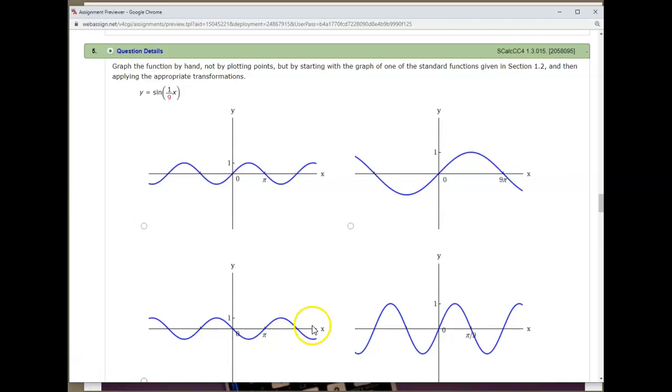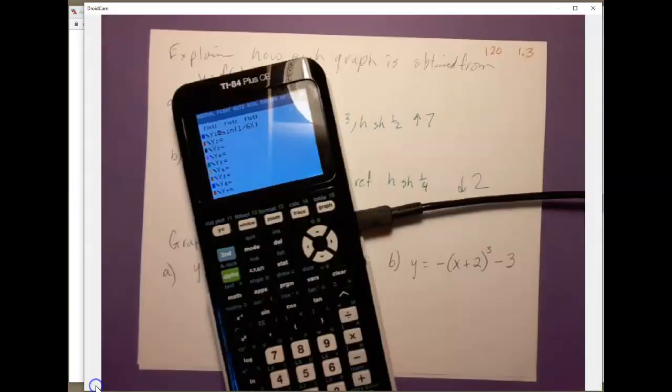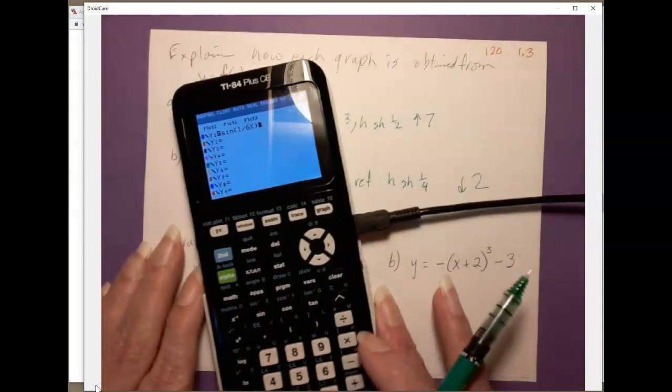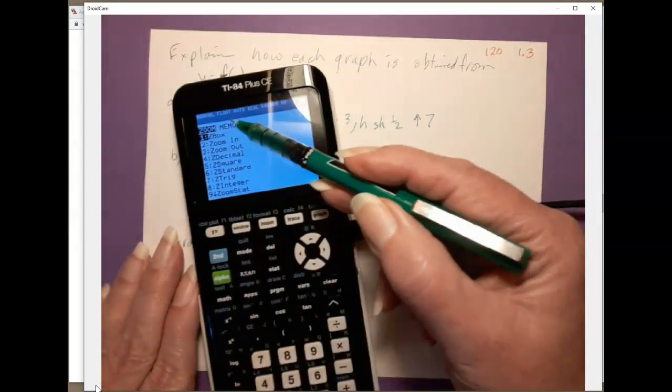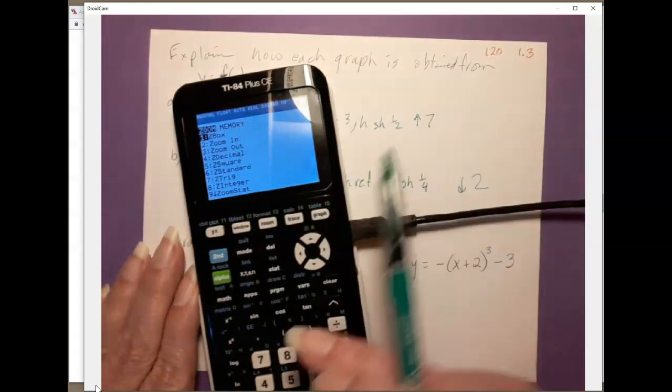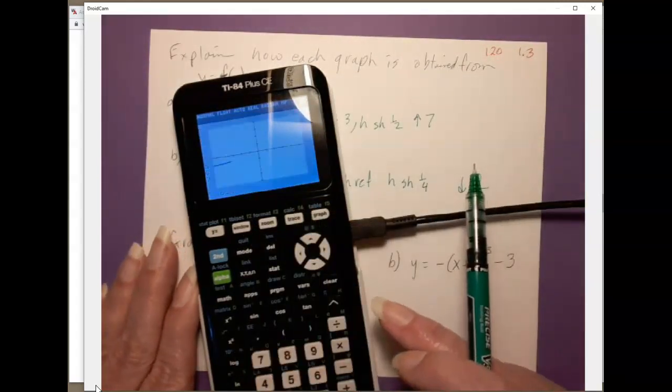I can see they're wanting up to 2 pi here. Maybe as much as 5/2 pi. So they'd want negative 5/2 pi to 5/2 pi. But I'm going to do a zoom trig to see what this looks like. Zoom trig is 7. And it'll set it up so that I can see this a little bit better maybe.